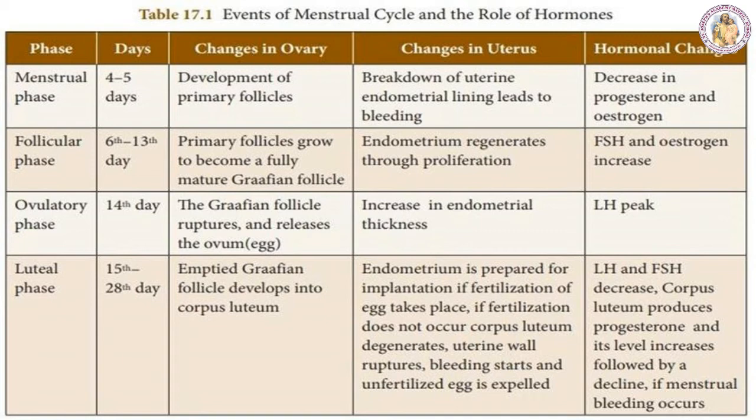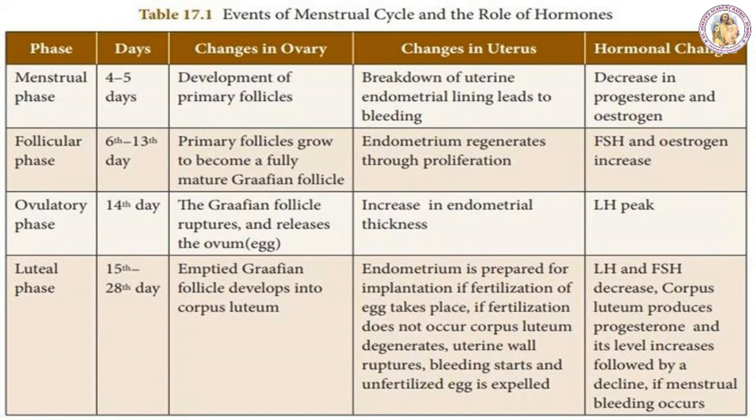Ovulatory phase, that is 14th day. The Graafian follicle ruptures and releases the ovum, that is the egg. So it increases the endometrial thickness. Hormonal changes, LH will be at its peak. Next is the luteal phase, that is 15th to 28th day. The empty Graafian follicle develops into the corpus luteum.